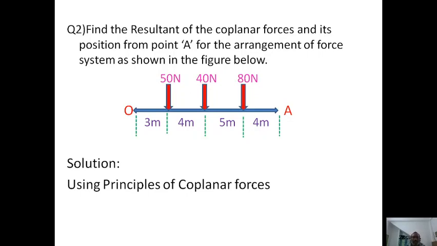Now in the parallel like system we want to know the resultant of the system. So find the resultant of the coplanar forces and its position from point A for the arrangement of the force system as shown in the figure. This is the system as given here.